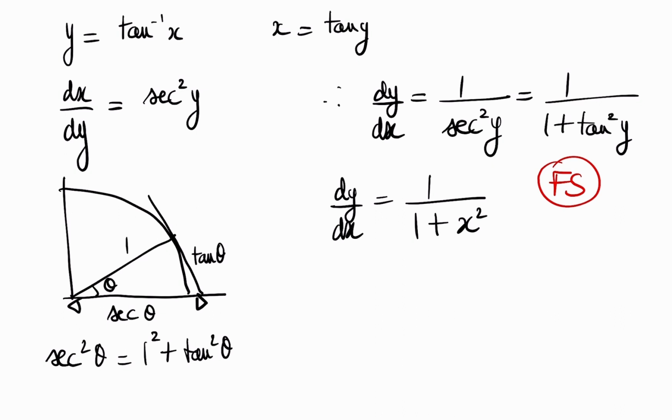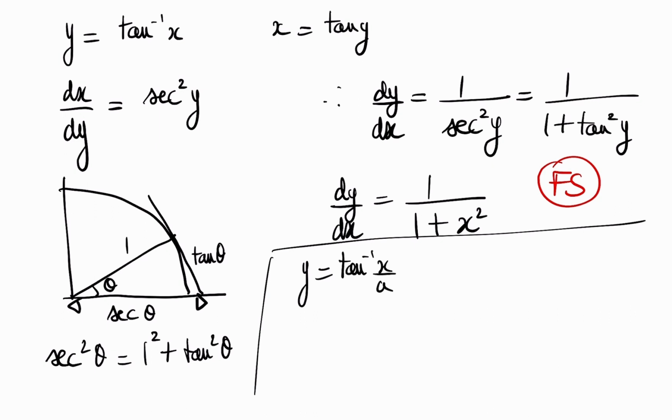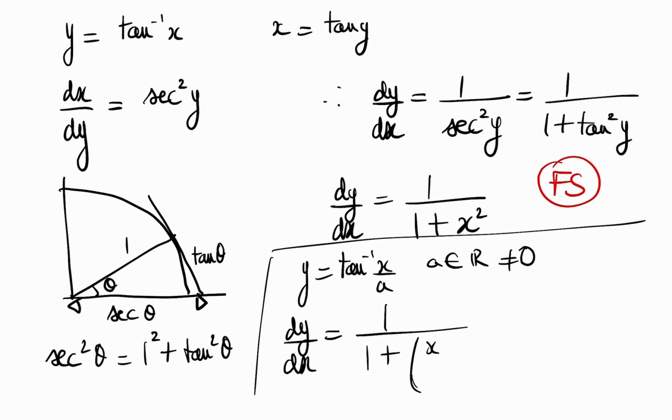And a little application. If we have y equal tangent minus 1 of x on a, where a is a real number different of 0, then dy over dx would be 1 over 1 plus x on a square times the derivative of what's inside, which is 1 on a.